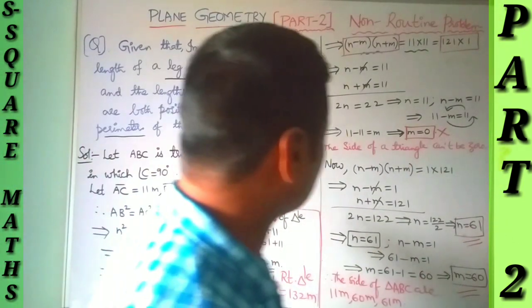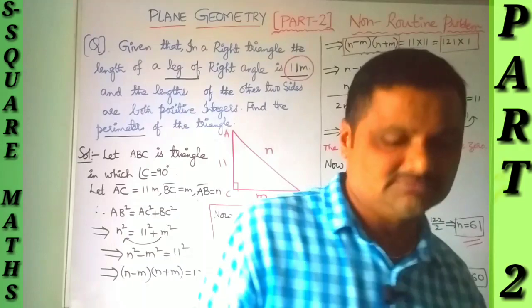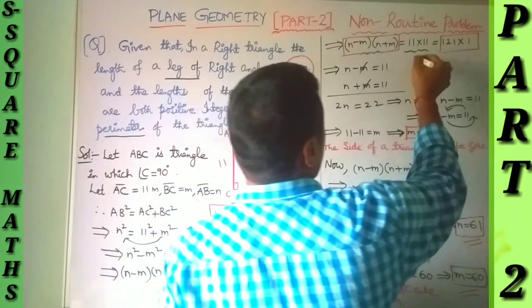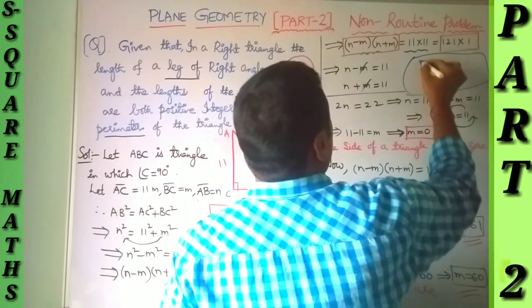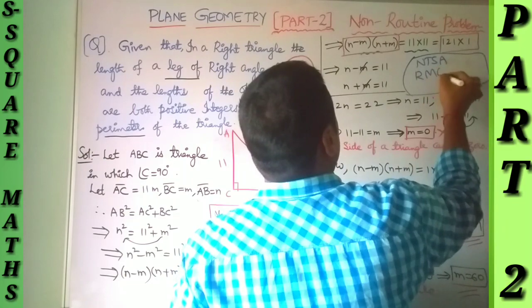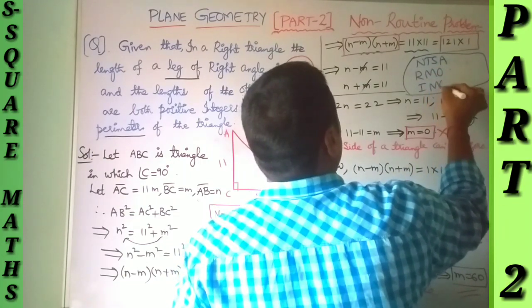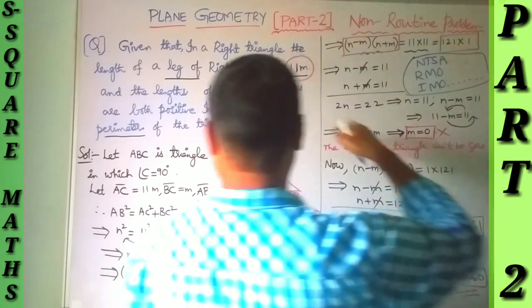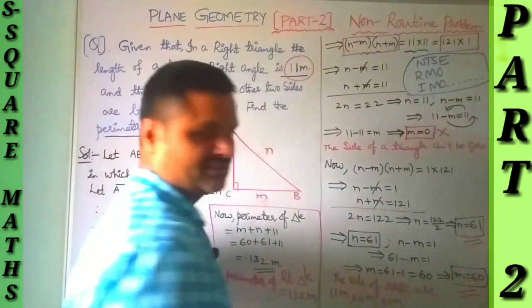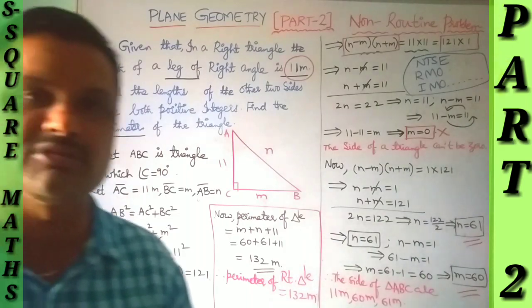So this is a very important non-routine problem, and this comes up in various competitive examinations like NTSE, RMO and IMO, etc. In various competitive examinations you are going to get this type of problem.